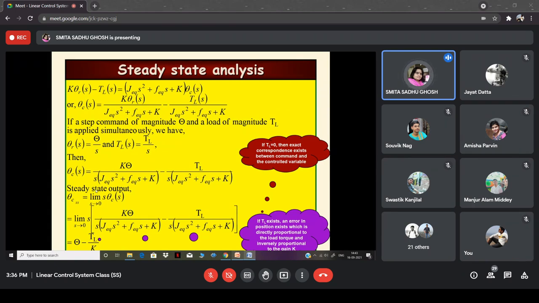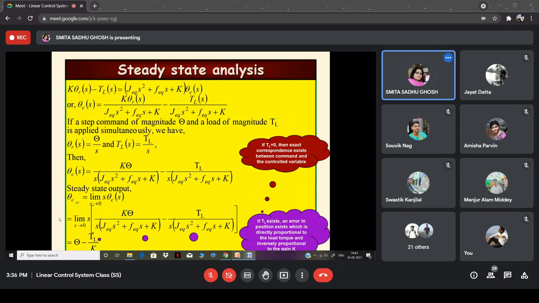Instead of steady state error, we are trying to find the steady state output, and then we'll see how far the steady state output matches the input, right? So theta_c in the steady state is what we go for over here. This is not the error that we are showing. This is the output only. If you want the error, you have to subtract the output from the input signal.